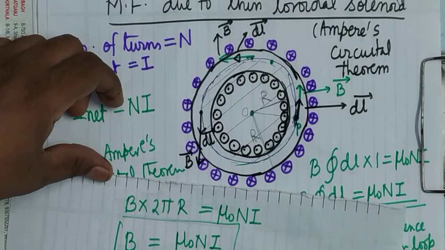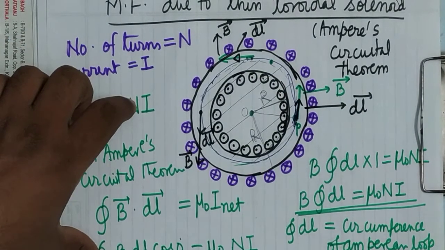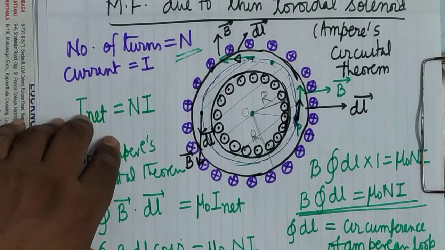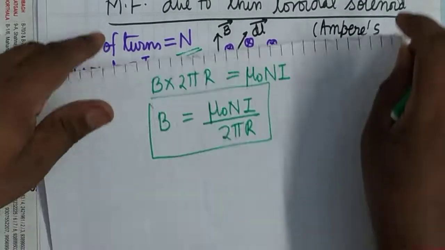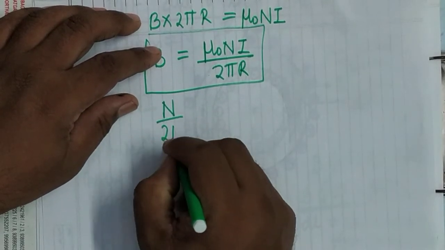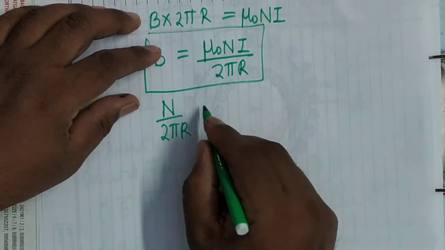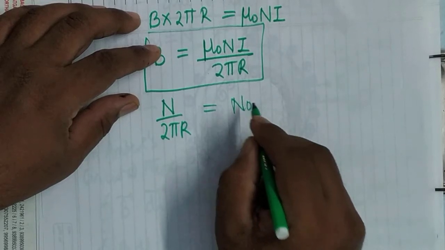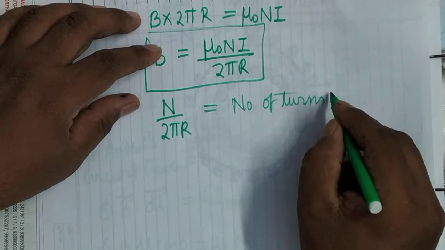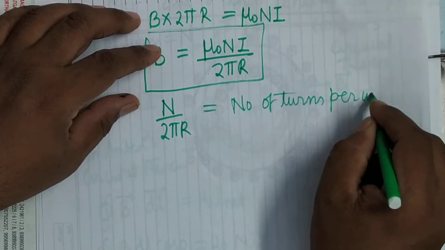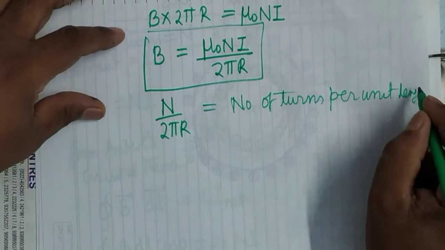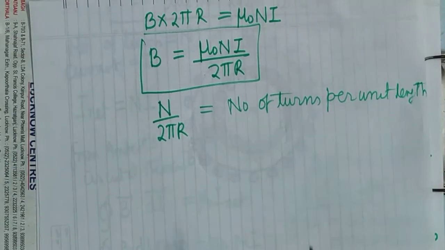It is equal to 2 pi R. And how many turns are there? N turns in the length 2 pi R. So what is N upon 2 pi R? N upon 2 pi R is the number of turns per unit length.